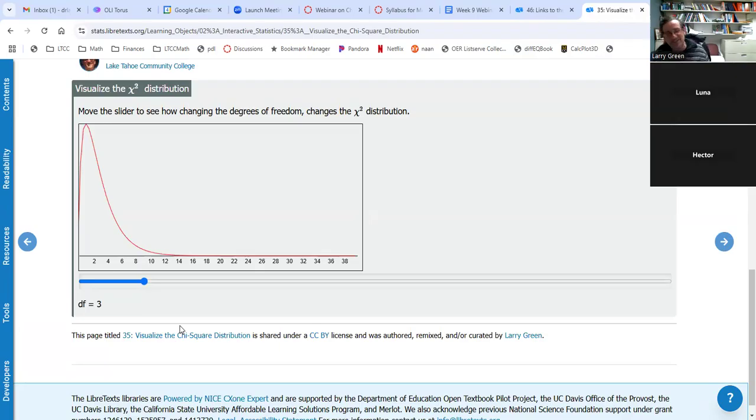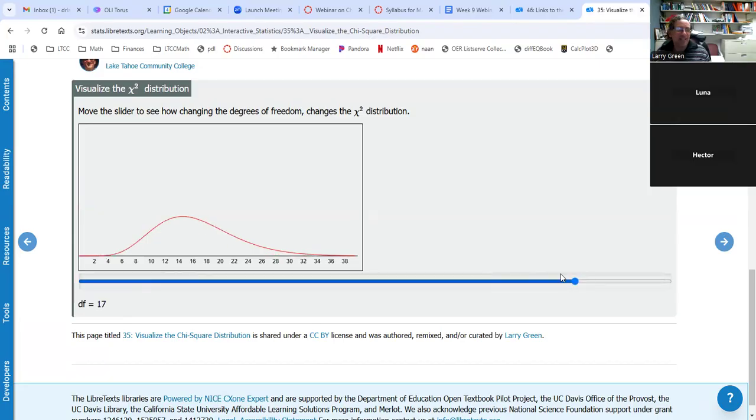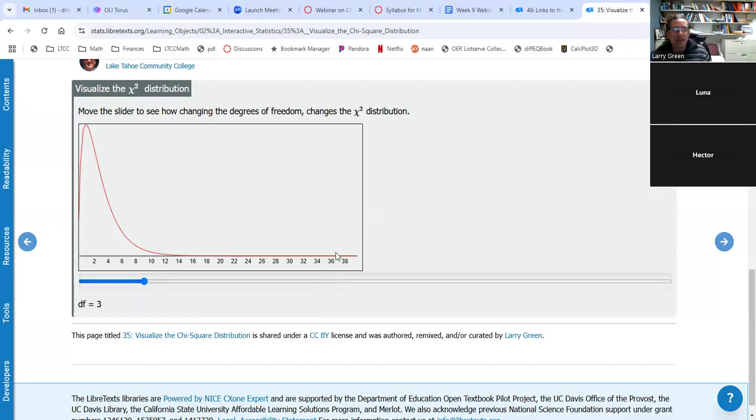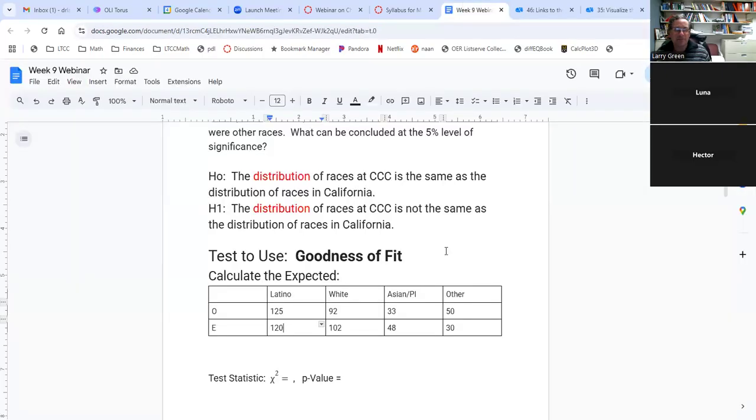So you can trust that the calculator will work. And we get this picture. If the degrees of freedom are really high, it's actually not that far from normal. But typically you don't have that high, more like that. Okay, so that's what the chi-squared looks like.